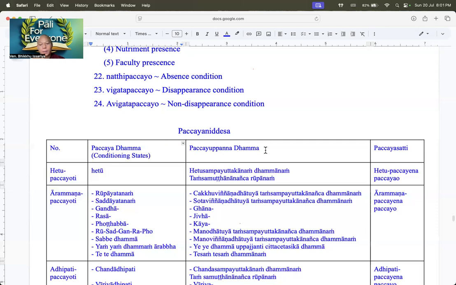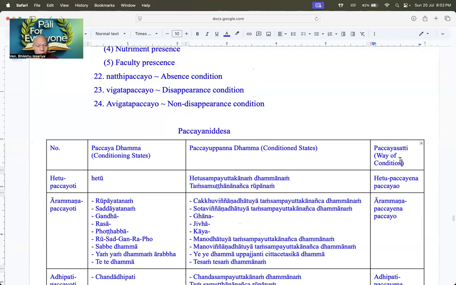So Paccaya Dhamma, this one is conditioned state, conditioned states. And then these are Paccaya Sati, that one is way of condition. Again, this way can be, okay, real condition.